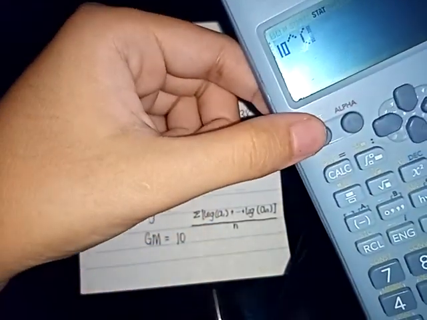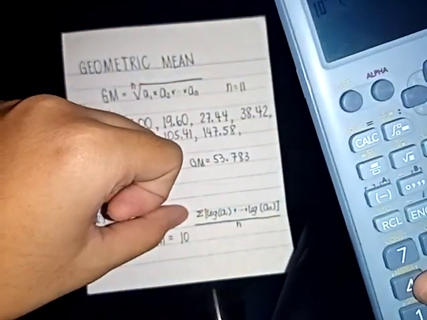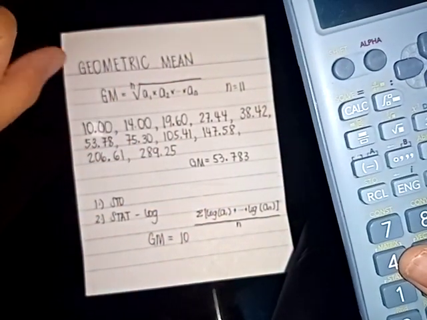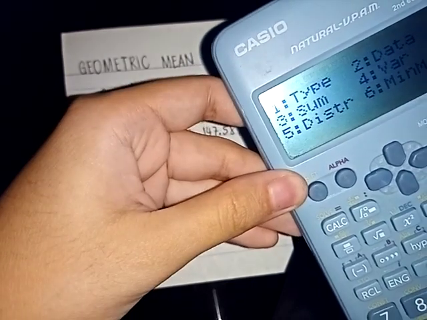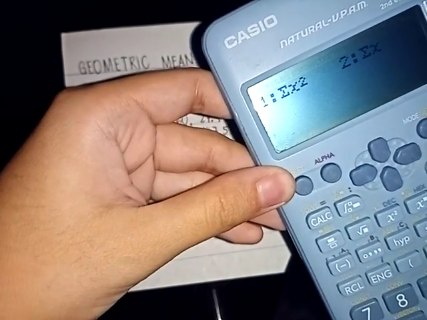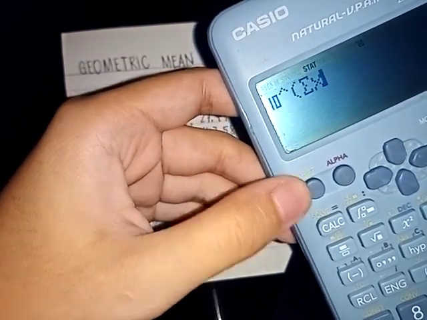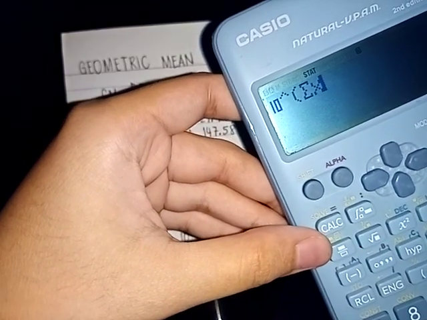Now we're going to get the summation of the values that we input in the table. So shift and then 1, shift stat, and then we press 3 for the sum and 2 since we'll only need the summation of the x.